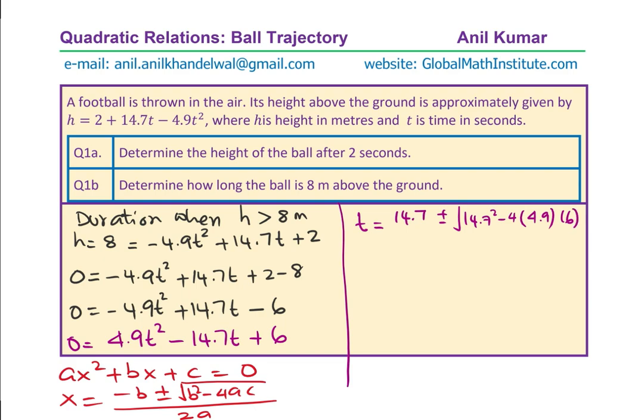Correct? So that is what we get, divided by 2 times a, which is 2 times 4.9. So let's see what it gives us. 14.7 plus or minus. Let's figure out the square root part. So b squared, 14.7 squared, minus 4 times 4.9 times 6. And that gives us a value which is 98.49.